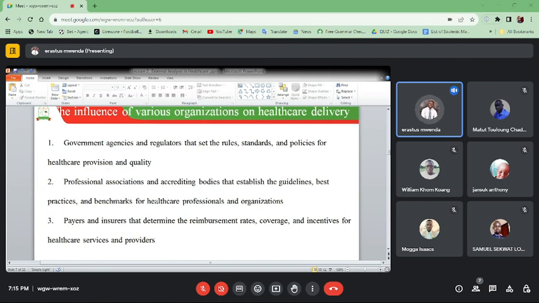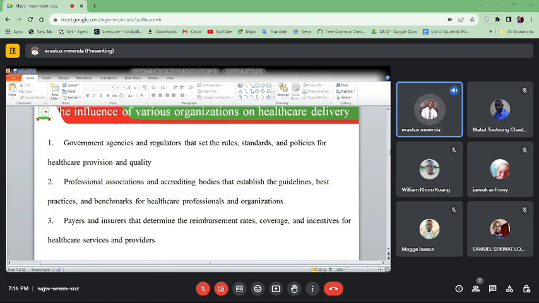We also have other very key organizations, the professional associations and accrediting bodies that establish guidelines and best practices. Every country has these professional bodies in health. Internationally, in America, maybe we could think about what we call the American Medical Association. This is the largest association of physicians. So it could be a requirement that if you are a physician, you need to be registered with an accrediting body.